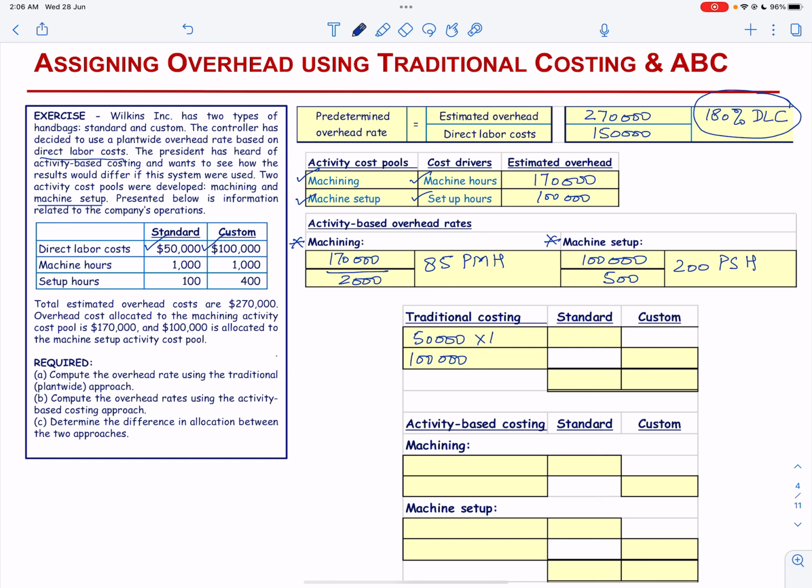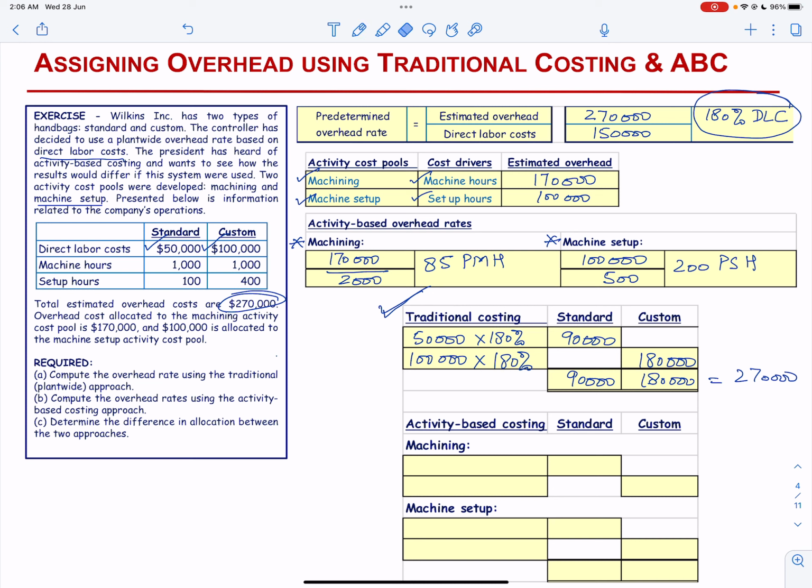So times 180%. So this will be equal to 90,000 and 180,000, and the total you can see will be 90 plus 180, and if you sum up the two, this is equal to 270. That is the estimated overhead cost according to the traditional costing method.